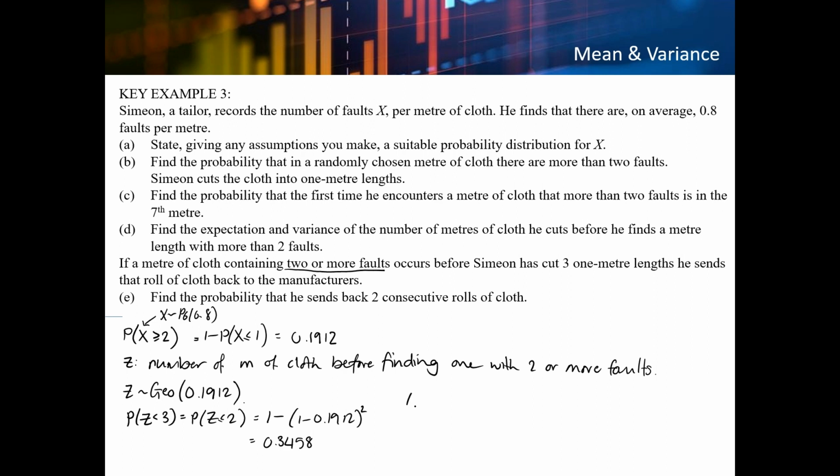Now, assuming those rolls of fabric are independent, then any given roll has a 0.3458 chance of having this particular issue, and then you're doing that twice, so 2 consecutive rolls. So we're just going to end up with 0.3458 squared, which gives us a chance of 0.1196.